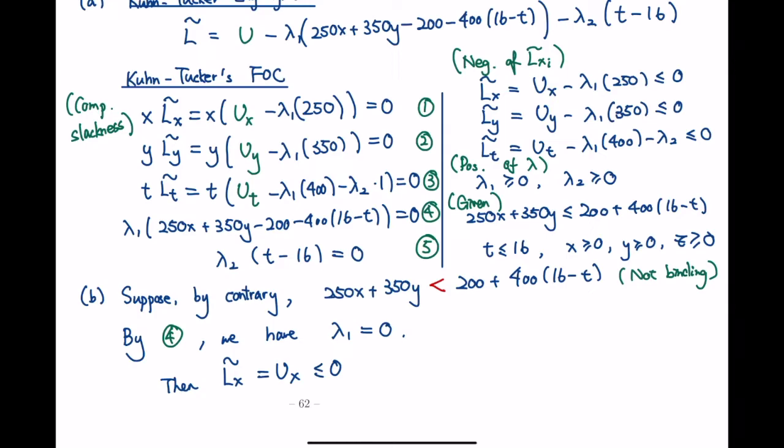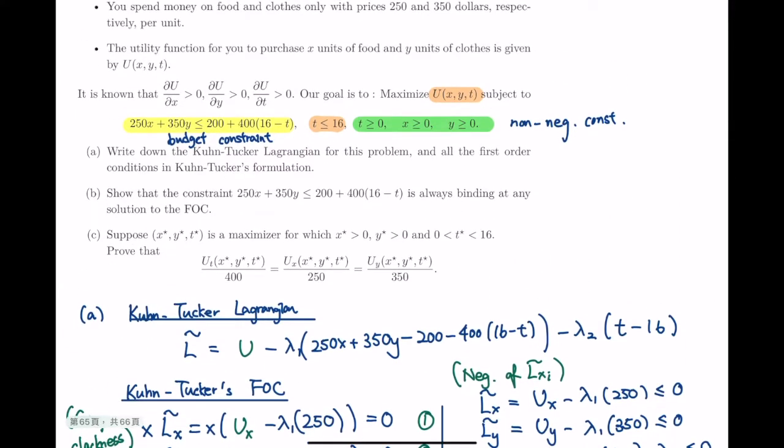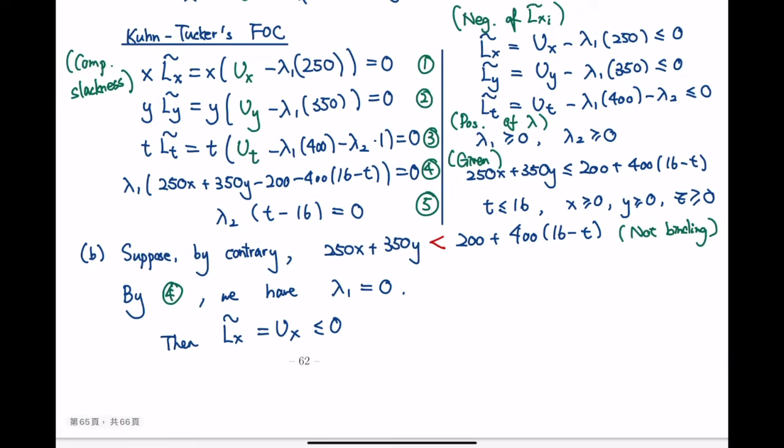Is that possible? Well, look at the question. The question actually specifically tells you that all the partial derivatives are strictly positive. Therefore, this is a contradiction, because it contradicts the given information that Ux is strictly positive. So we have a contradiction. That means that what we assumed in the beginning is incorrect.